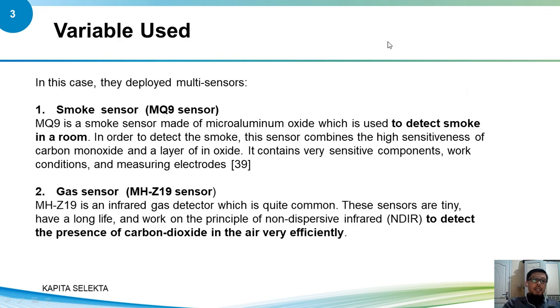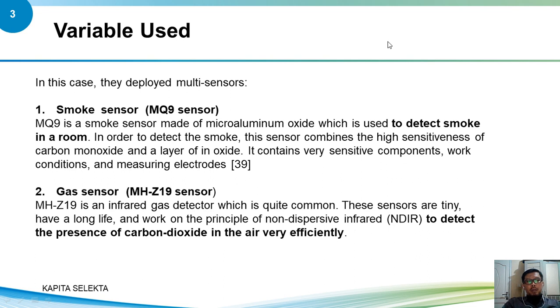Variables used. In this case, they deploy multiple sensors. First, the smoke sensor: they use the MQ9 sensor to detect smoke in a room.